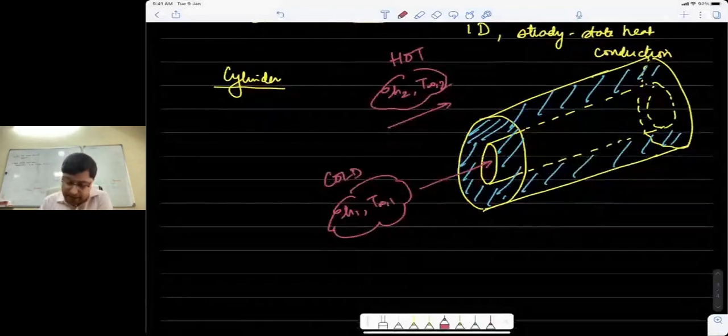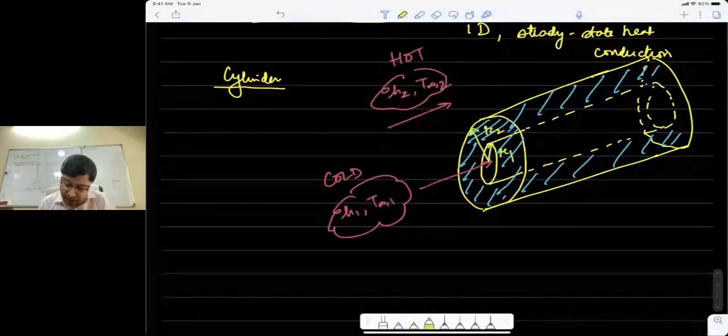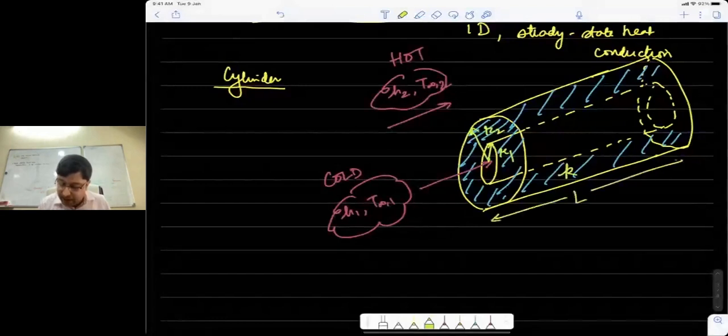Okay, the geometric dimensions of the solid are also given to us. Say the inner radius is R1 and the outer radius is R2. The solid has a thermal conductivity, let's say K, which is constant. And even though it's not important, let me say that the length is L, although we will use that in some way.